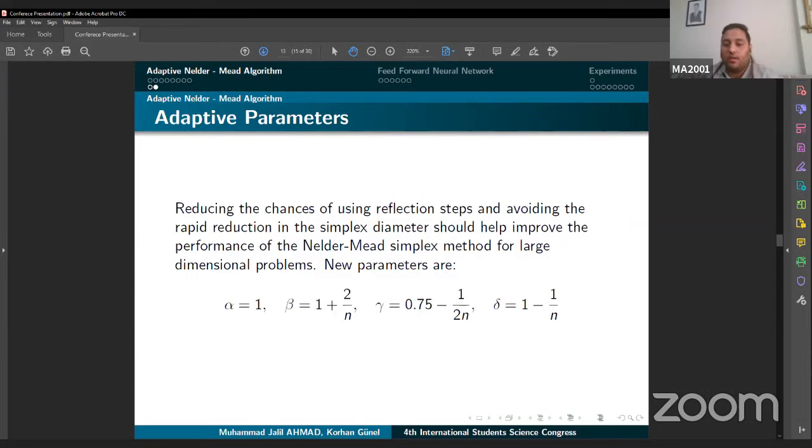But in the adaptive Nelder-Mead algorithm, every single coefficient is defined with respect to the dimension. As you can clearly see, beta, gamma, and delta are all defined with respect to the value of n, which will help us to make our algorithm very, very efficient.